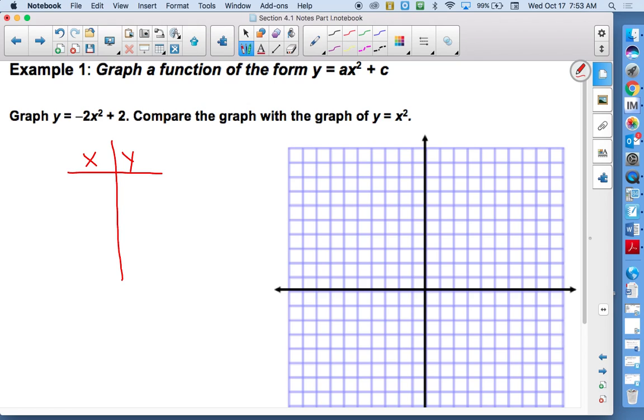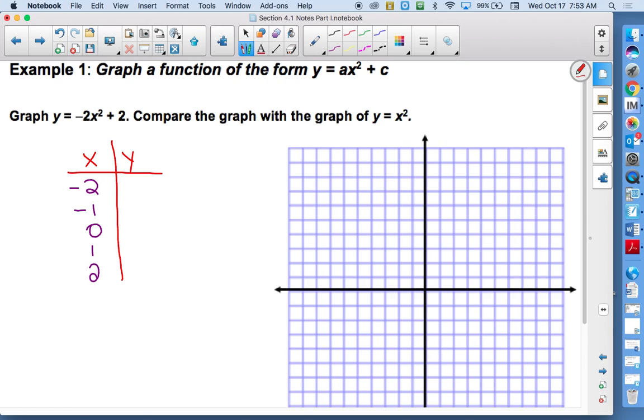So for making a T-chart, what good numbers do we usually pick for a T-chart? So these are the good numbers we usually pick for a T-chart. So we're going to plug a couple of numbers in. Our goal is to see if we can figure out what's going on with this parabola to show that it has symmetry just by using the T-chart.